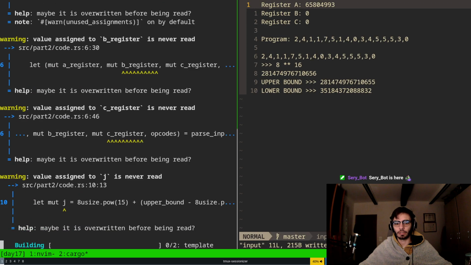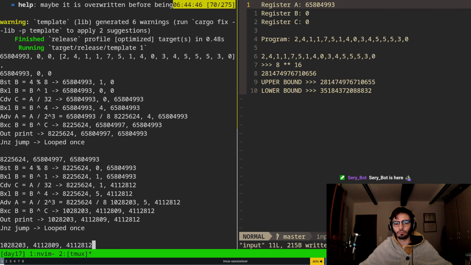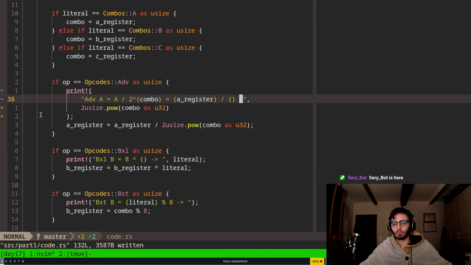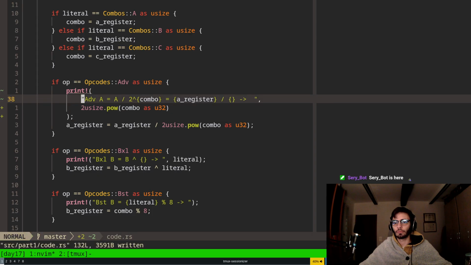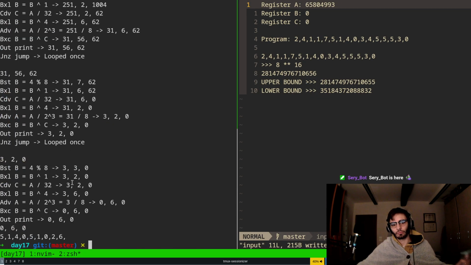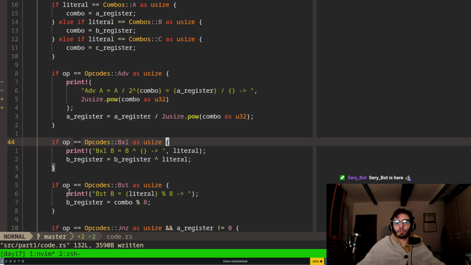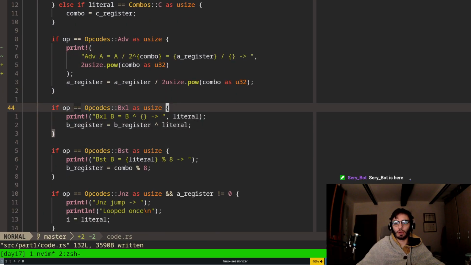Very well. This will describe my operation, and we obviously want to describe the state afterwards. Amazing. So that's how one happens. So we have one A division.